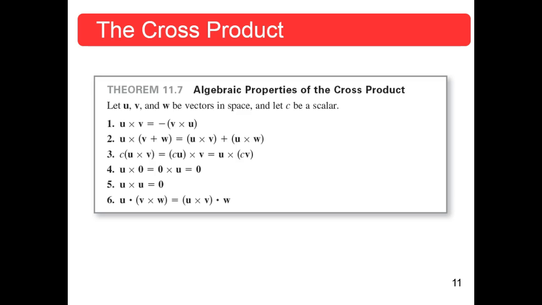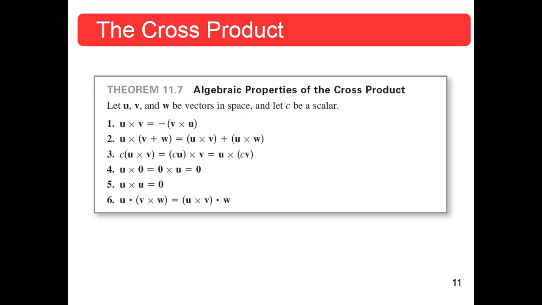Okay. Algebraic properties of the cross product. If u, v, and w are vectors in space, meaning three-dimensional vectors, c is any scalar, any real number in the world. Now, we've already run into this before, but we didn't state it. u cross v is exactly the opposite of v cross u. So it's exactly the negative thing.